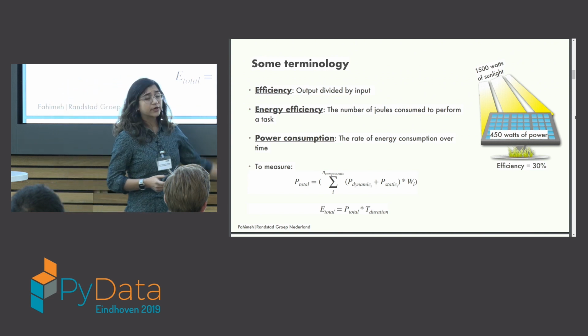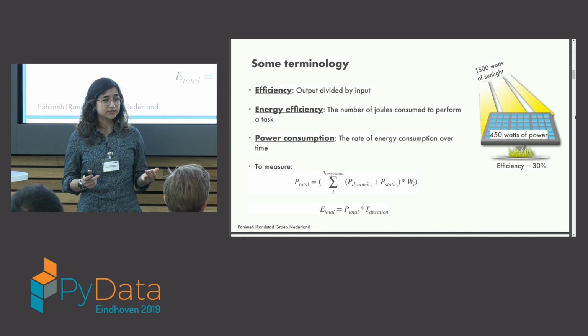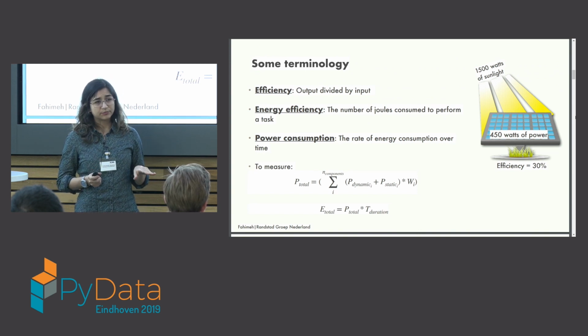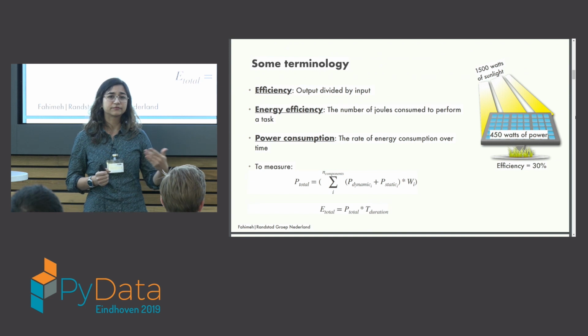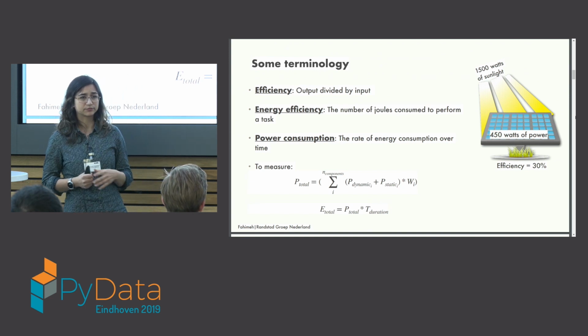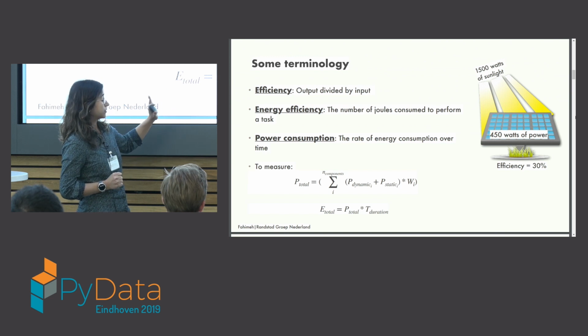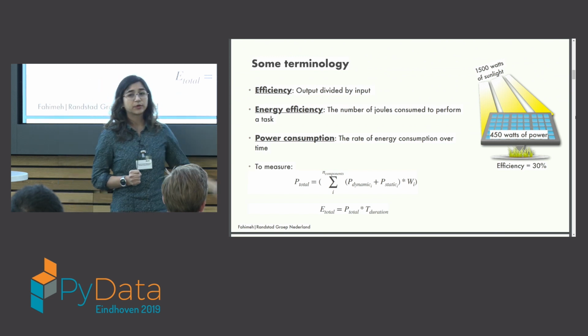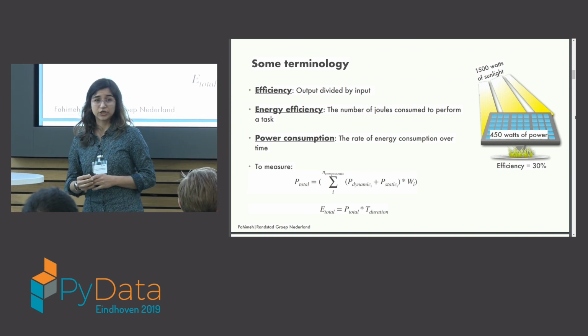Why do we separate static and dynamic? Because usually when you turn on electric devices, you already start consuming because you are in standby mode, and then as soon as you have utilization, some dynamic power is added to the static power. Then the total power multiplied by the duration of the execution gives the total energy consumption.